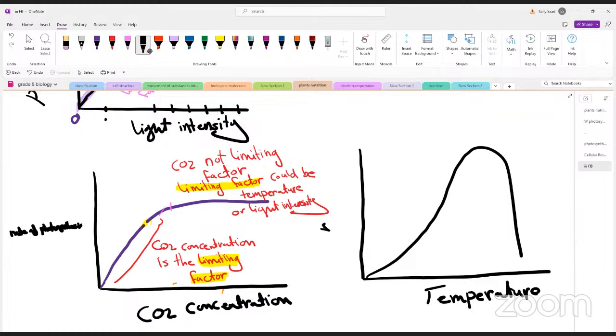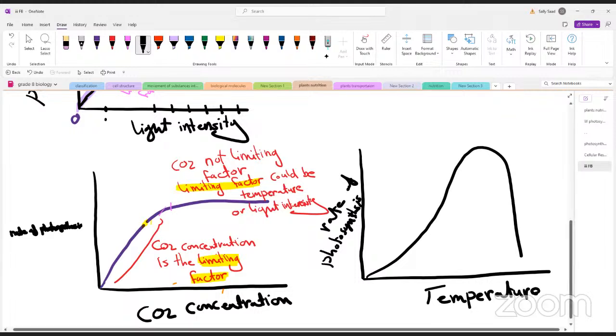Here, rate of photosynthesis. I think this graph is similar to the relationship between temperature and enzyme activity.